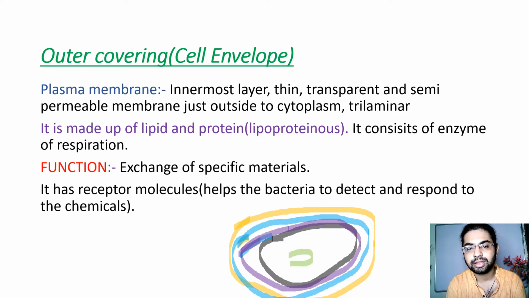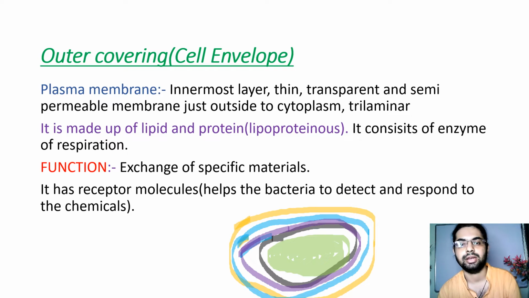If this is the cytoplasm, which is a jelly-like substance inside the cell where cell organelles are embedded, just outer to this cytoplasm we find the plasma membrane. It is trilaminar, meaning it has 3 layers.